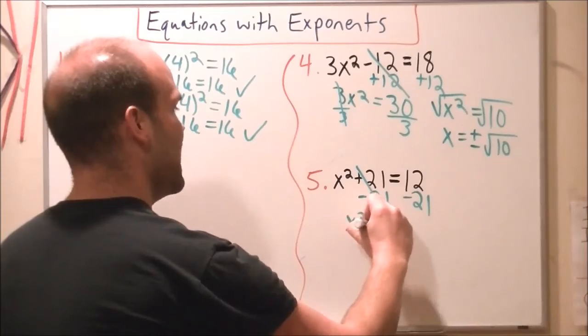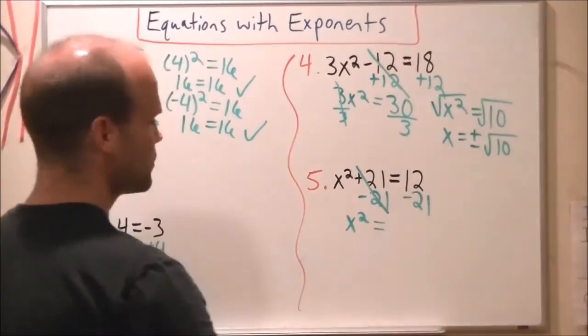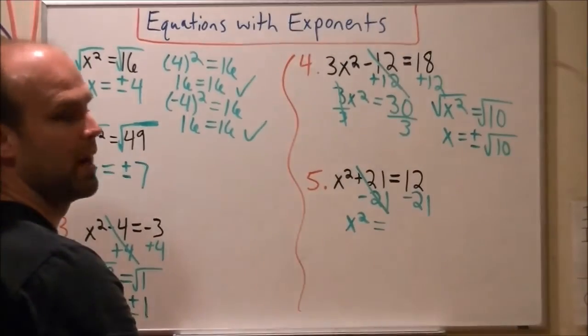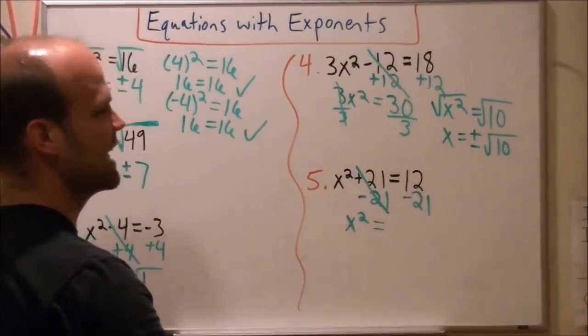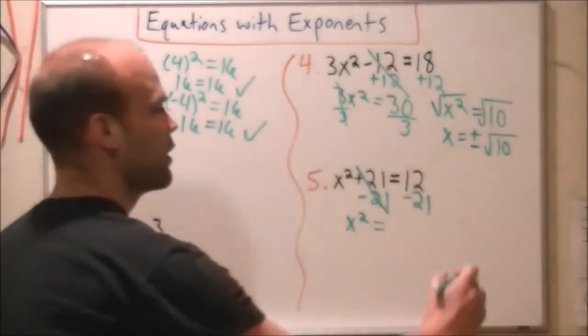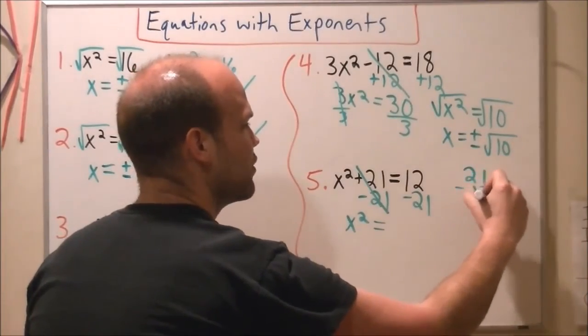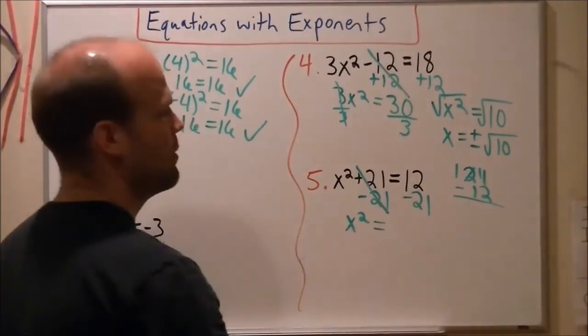And that leaves me with x squared equals, what is 12 minus 21? When you have opposite signs, you subtract the smaller from the larger. And so that means 21 minus 12. It's going to become an 11, that's going to become a 1.